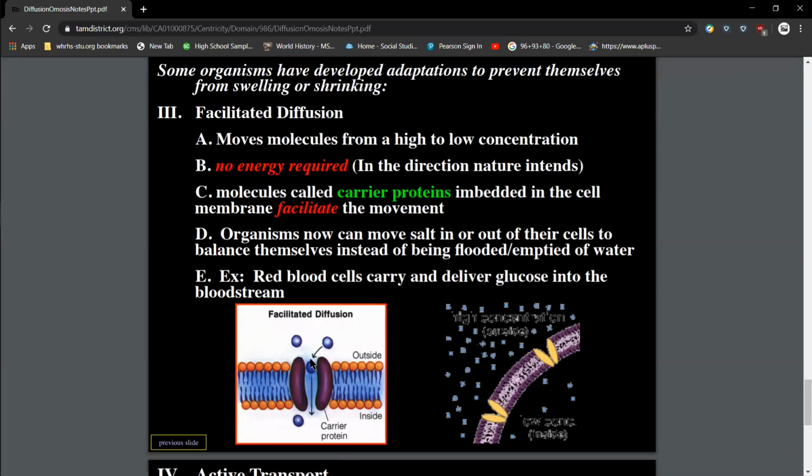The concentration gradient always goes from high to low. Anything moving from high to low concentration does not require energy, and anything moving from low to high concentration requires energy.